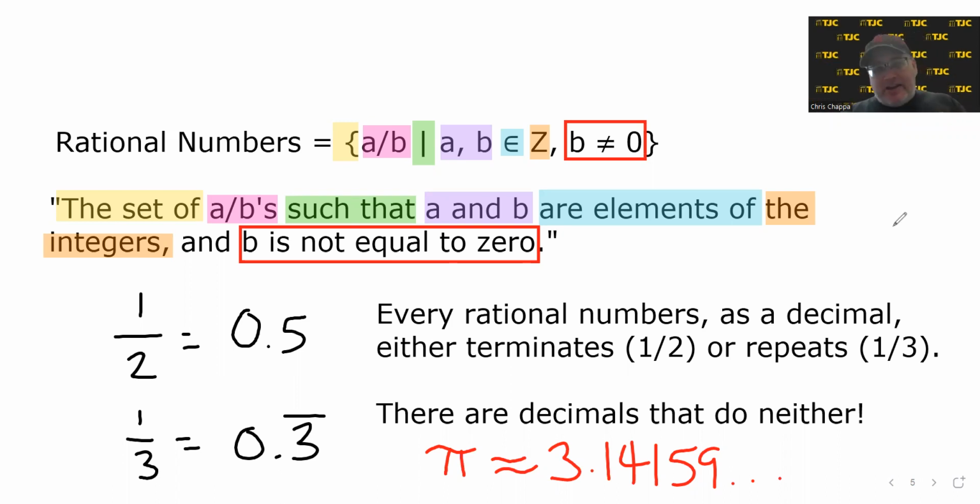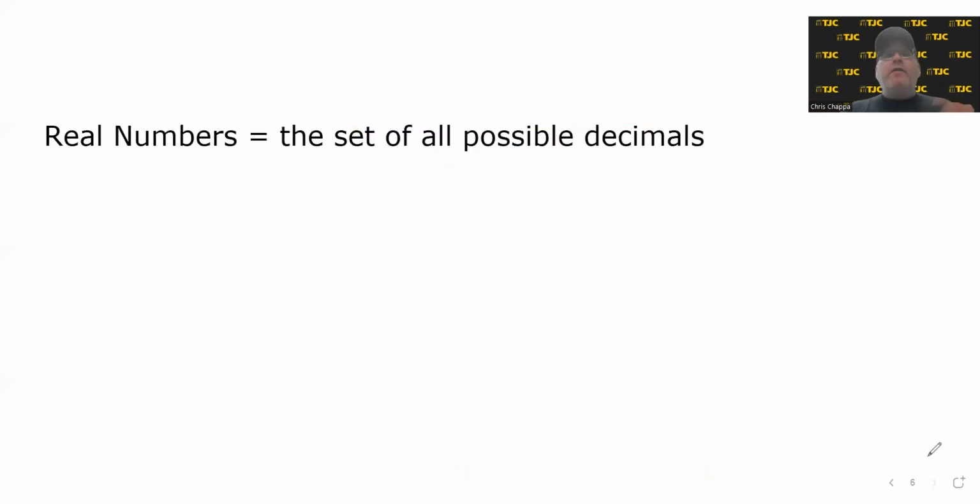Well, not necessarily random, but they're a set of decimals that go on forever and never have any discernible repeating pattern. So we're missing those types of decimals. Well, if we throw those in and have every single decimal that you could possibly have, then we get something called the real numbers, the set of all possible decimals. And this includes every number that you've probably ever seen before, except we run into a problem.